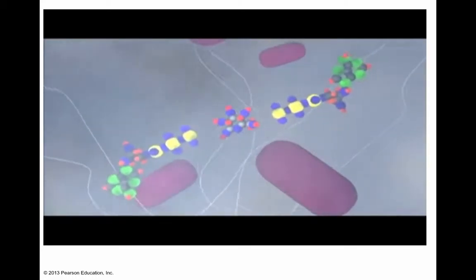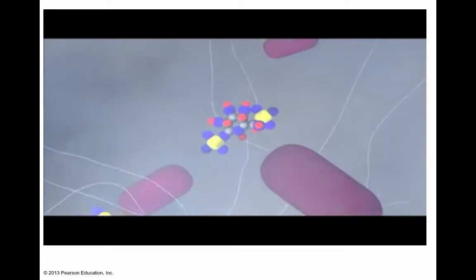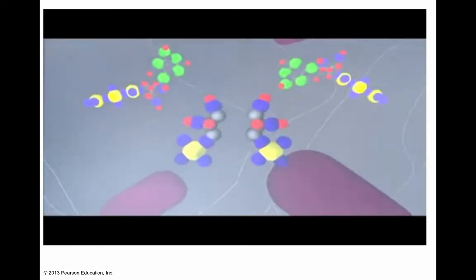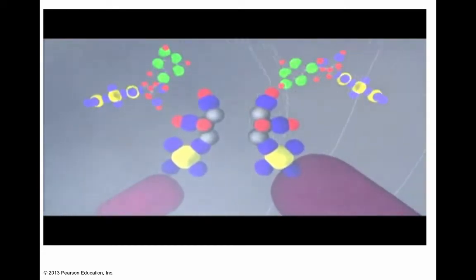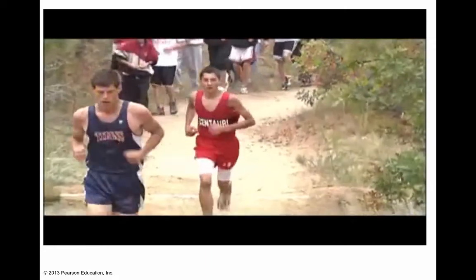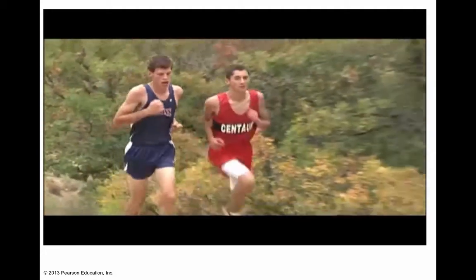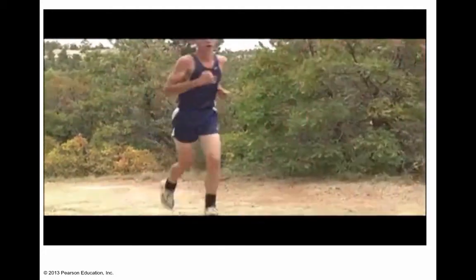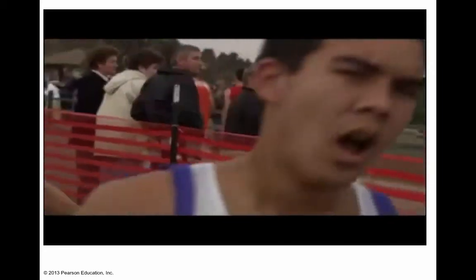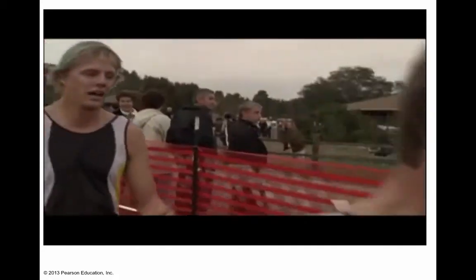Glycolysis is not a very efficient process. It only releases approximately 2% of the energy stored in a molecule of glucose, which translates into about 2 ATP molecules produced for every glucose molecule metabolized. Fortunately, cellular respiration provides a much more efficient way of using the energy stored in the glucose. But as a distance runner's gasping for air suggests, the process of cellular respiration is highly dependent on the availability of oxygen.